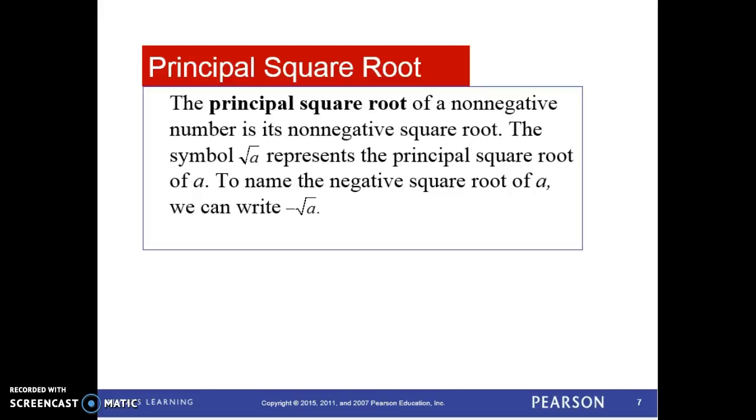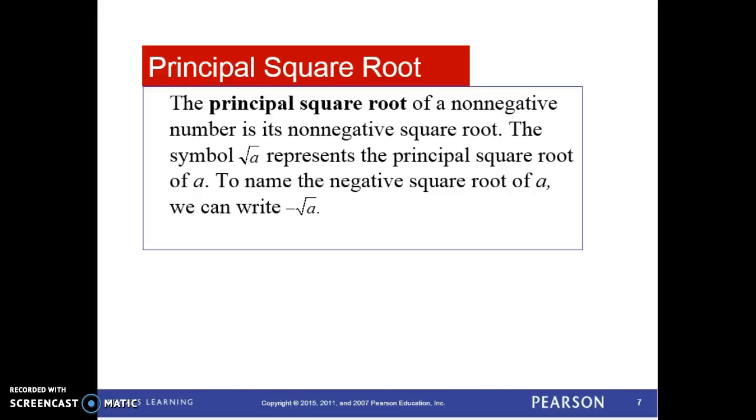So if we're just asked to find the square root, we're going to assume that it's the principal one, so it's the positive. If we want the negative one, notice how they show that. They have that negative symbol in front of the square root sign. So that's how you know that you're dealing with the negative square root.